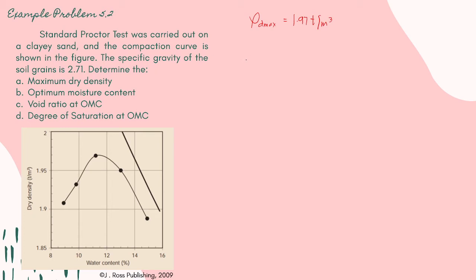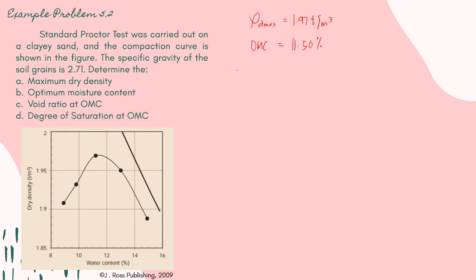For the optimum moisture content, again, we will simply refer to the figure. The optimum moisture content is equal to 11.50%. As for the void ratio at the optimum moisture content, we have to conduct some calculations.